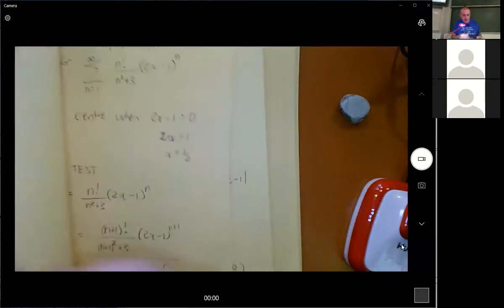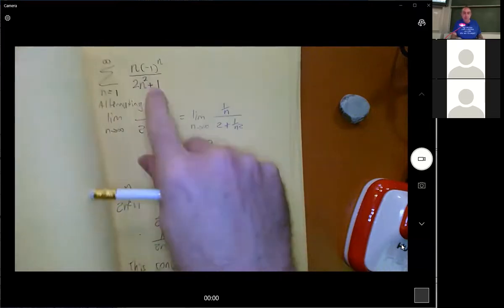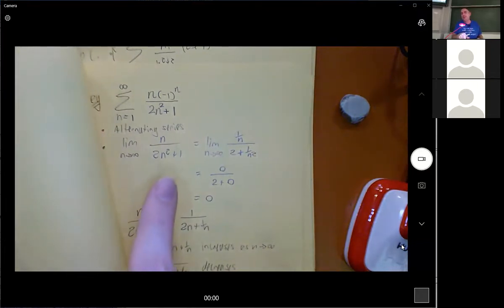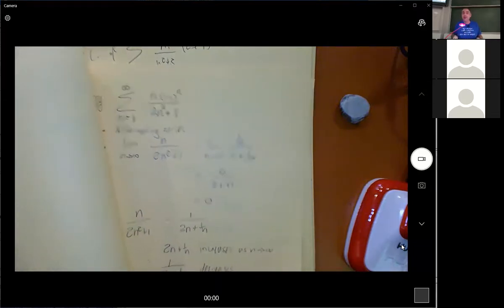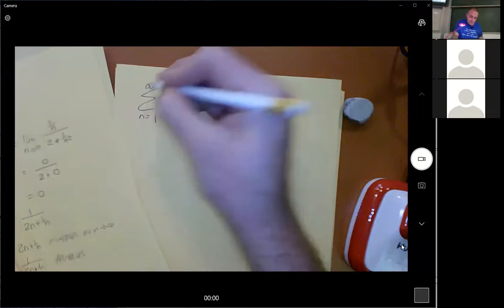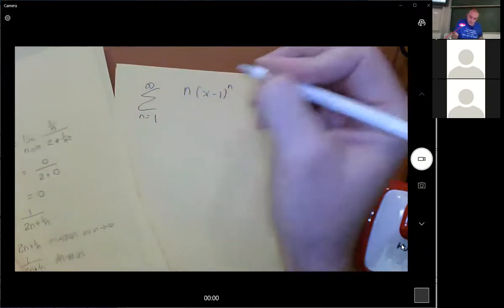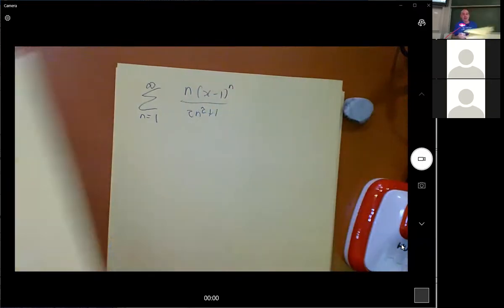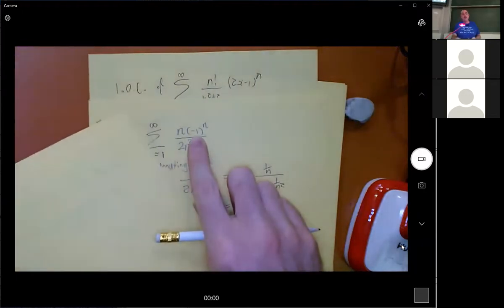Which alternating series one was this? This one? Again, this doesn't have any x's, but we could make it a power series. Let's do that. What if that minus 1 came about because I put x equals 0 into my formula?